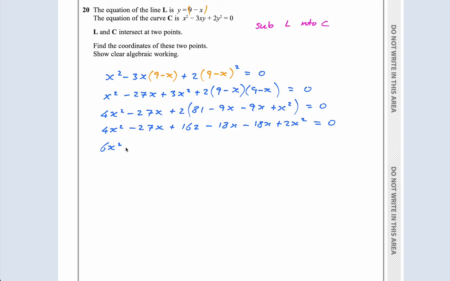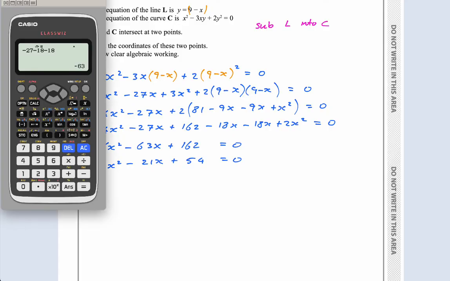So it's 6x squared minus 63x plus 162 equals 0. Okay. Can I divide everything by 6? No, but I could divide everything by 3. So this would give me 2x squared minus 21x plus this divided by 3 is 54.